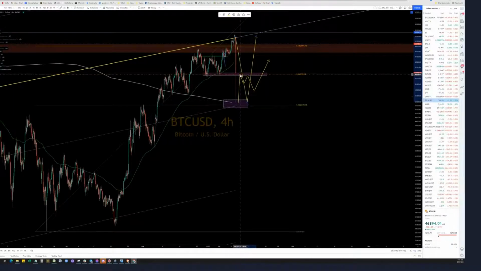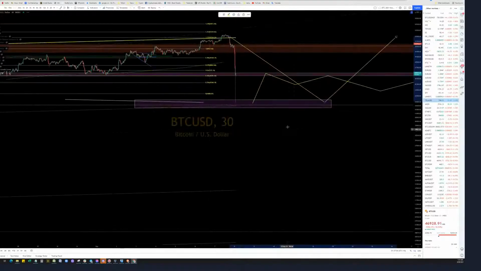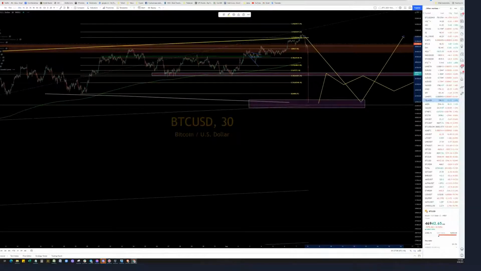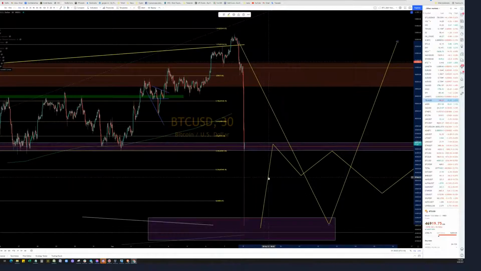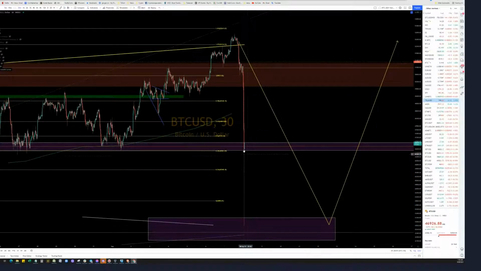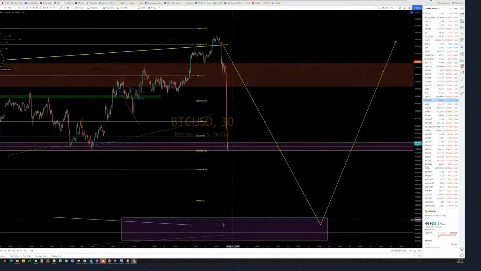So far, we're halfway. Let's have a closer look on the 30 minutes. Let's see what it's doing. And you can't trade this, no matter what. Not now. You can't trade it. What you need to do is wait for a few candles to tell us what's going on. That was a beautiful buying spot.